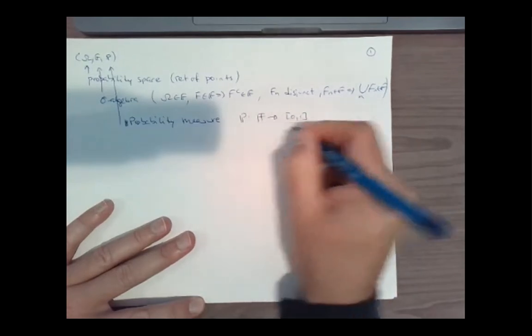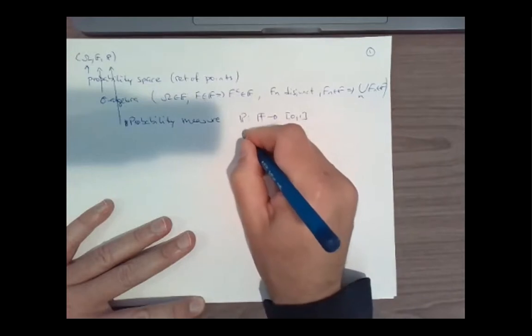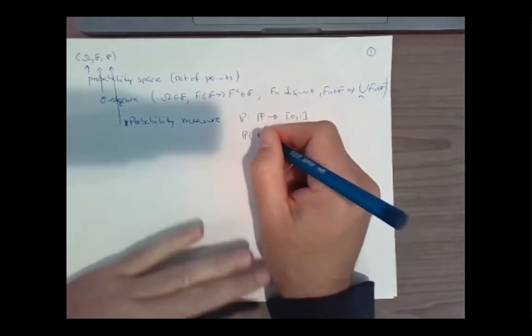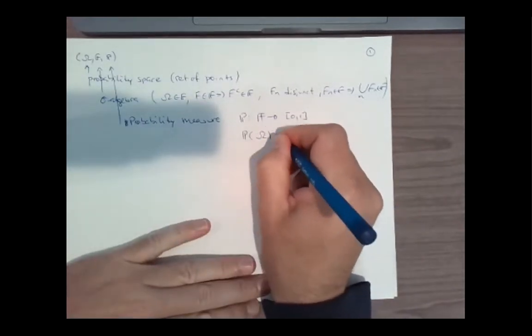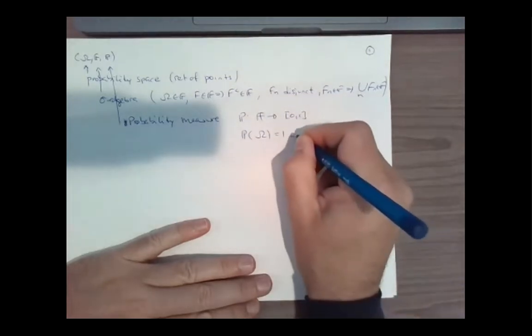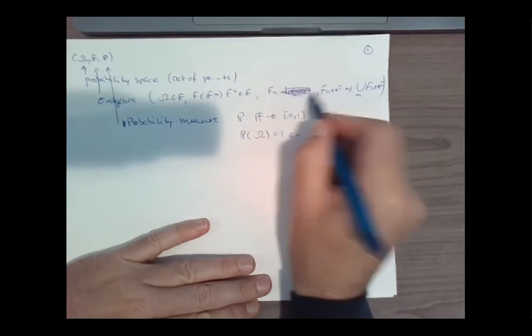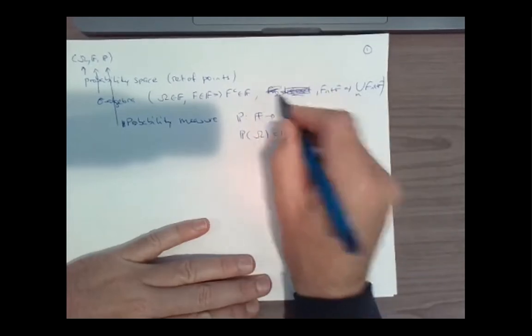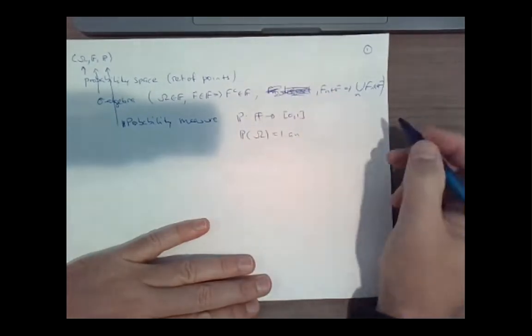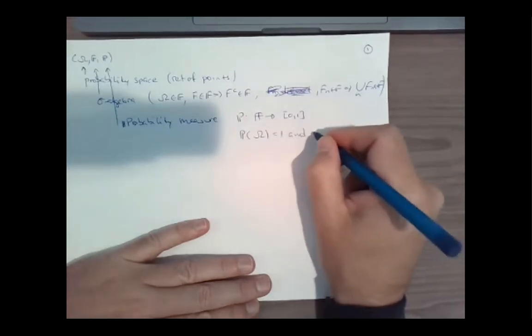It has the property that P of omega is 1, and, it should not be disjoint here. If the Fn are measurable, sorry, if the Fn are measurable, take the union, I get something in there, and here is where it needed to be disjoint.